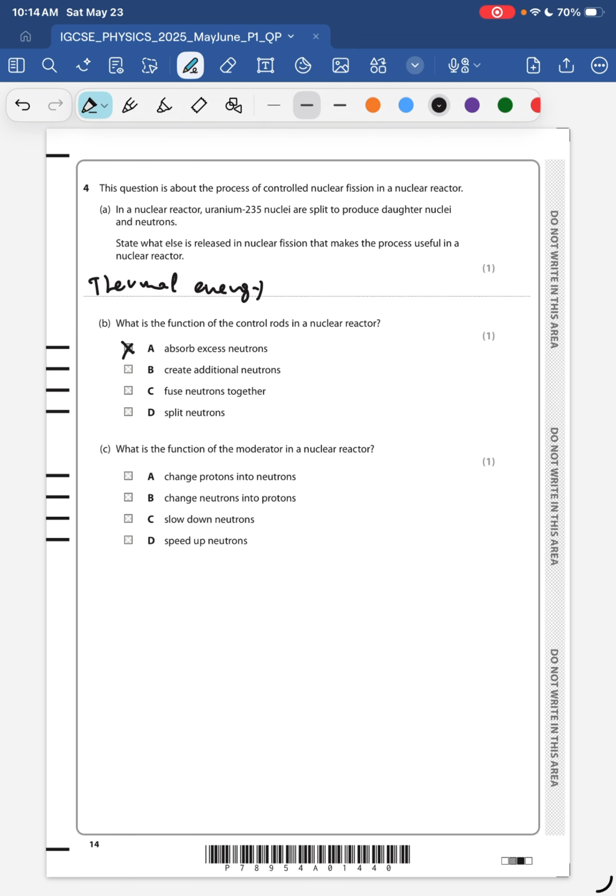So no, that's wrong. Then C, slow down neutrons. This is actually what the moderator does, because fast neutrons are hard to manage and they don't really help in splitting nuclei. So you need to have thermal neutrons, if I remember my nuclear reactor physics well. So C is the correct answer. And definitely you don't want to speed up neutrons.